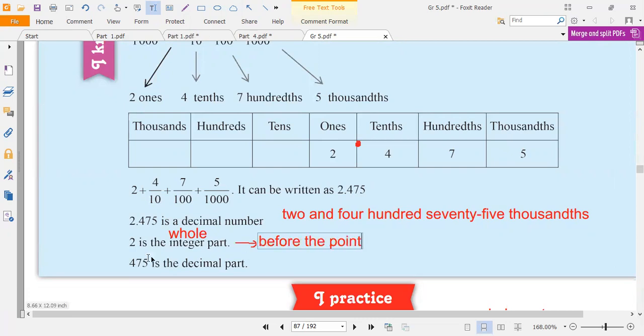And the decimal part is the part that is after the point. What we have after the point is 475. So 475 is the decimal part. It is the part that is after the point.